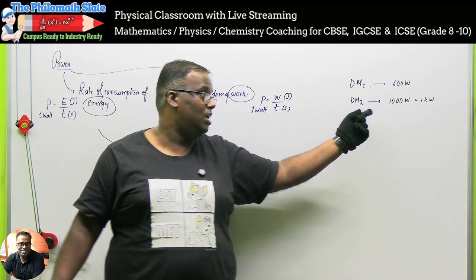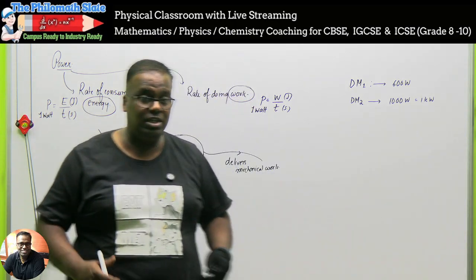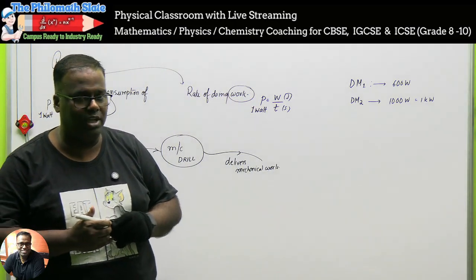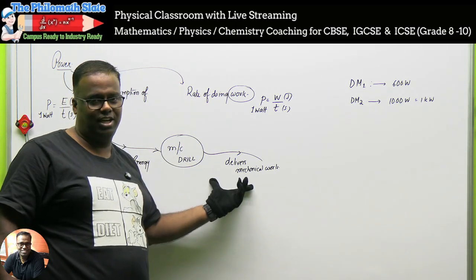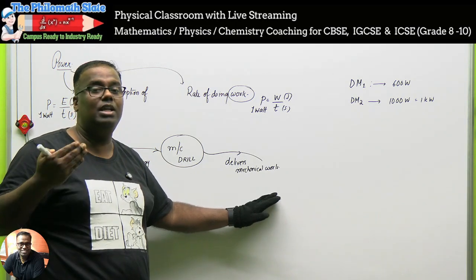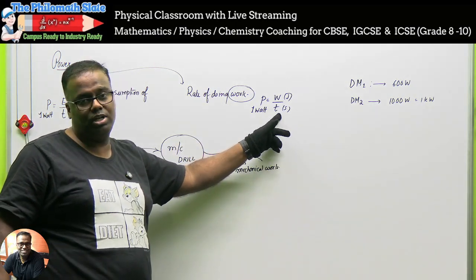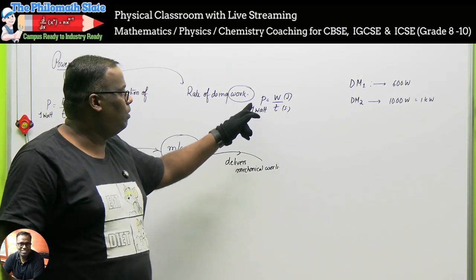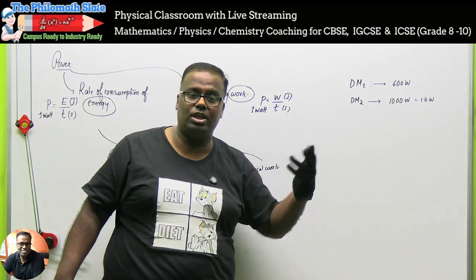Because you say, it has more power. So it has more power means there are 2 things. You are borrowing it from me, thinking that it will deliver more mechanical work in less time. What is the relation of power? Power is equal to work done by time taken. If the power of my machine is more, that means it must be delivering more work in less time.